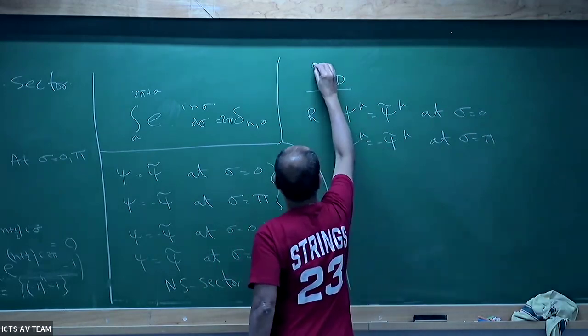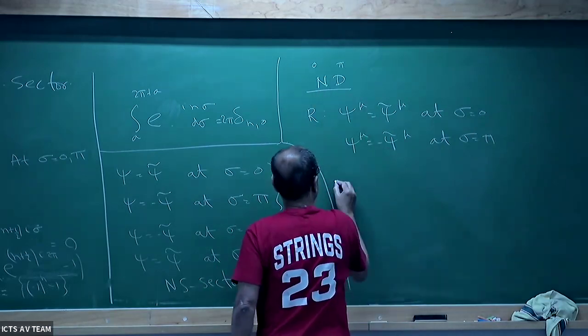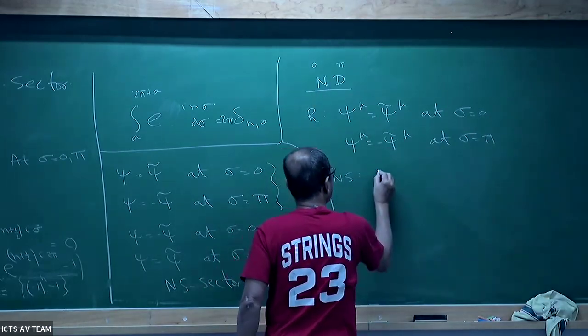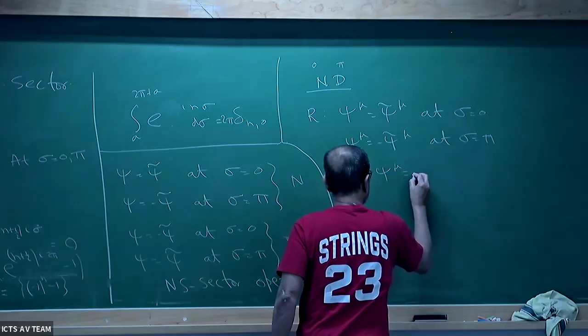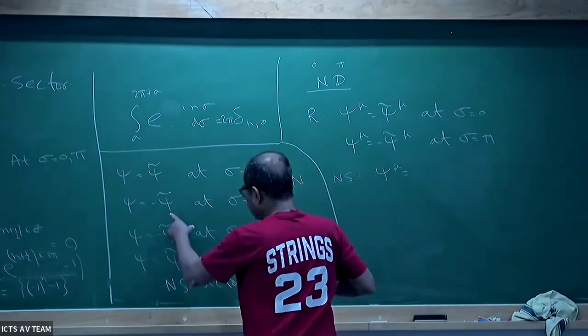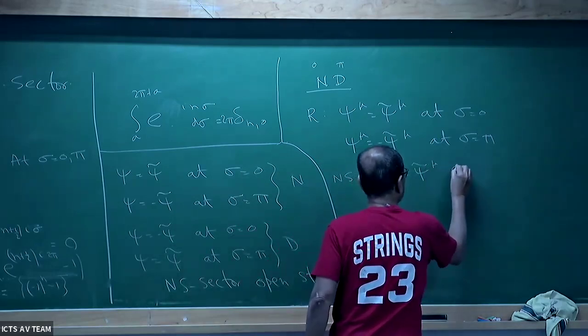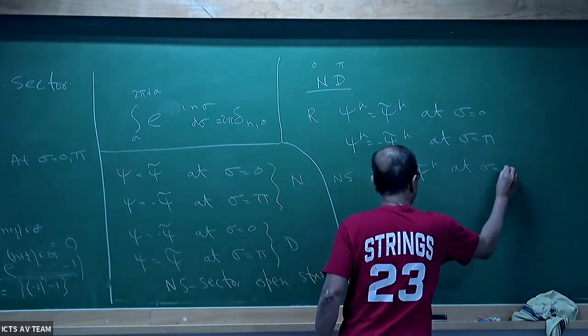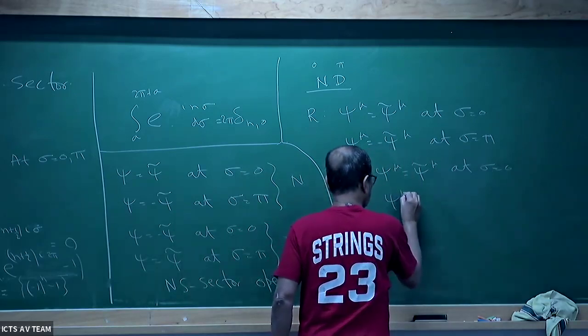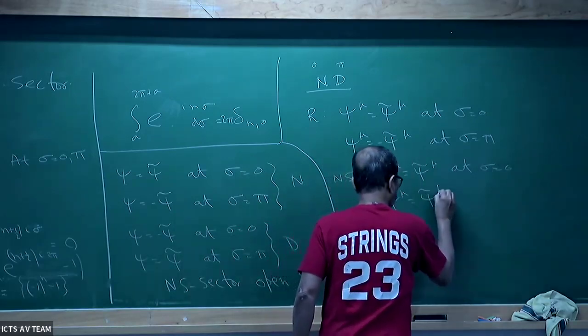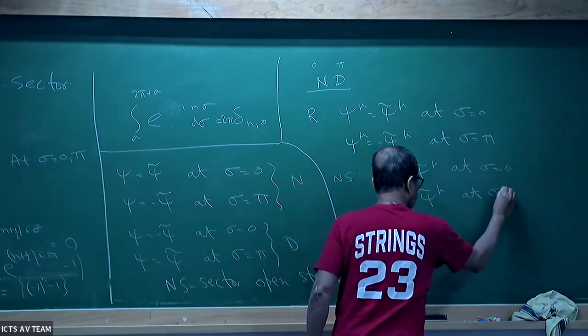So this is the 0 end, this is the pi end. And NS will be, I have changed this one, psi mu equal to minus psi tilde mu at sigma equal to 0 and psi mu equal to psi tilde mu at sigma equal to pi.